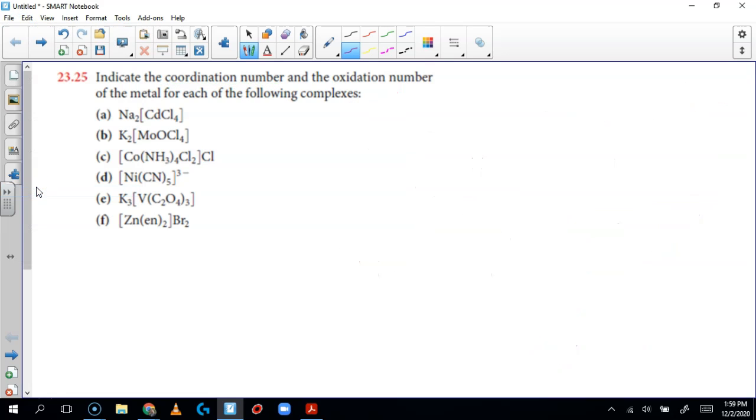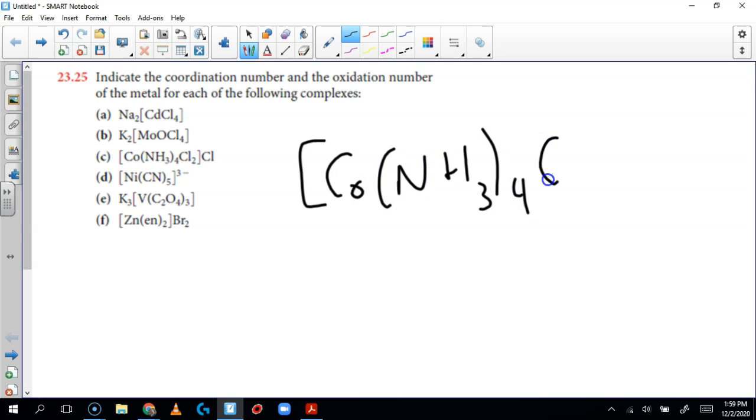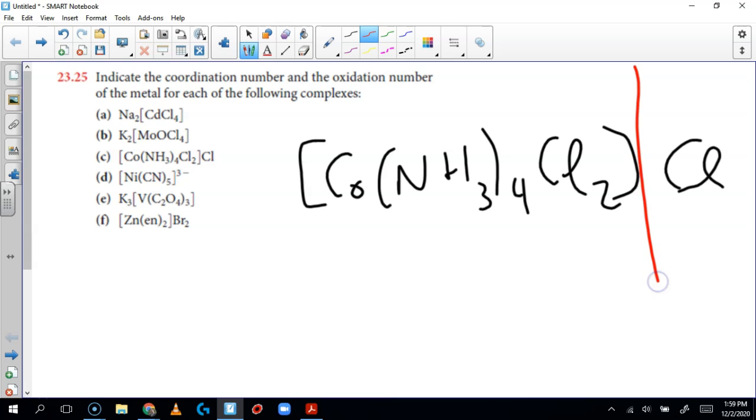Now we have a complex ion where the cation is the complex ion. But again, we should be able to split this into the two sides.